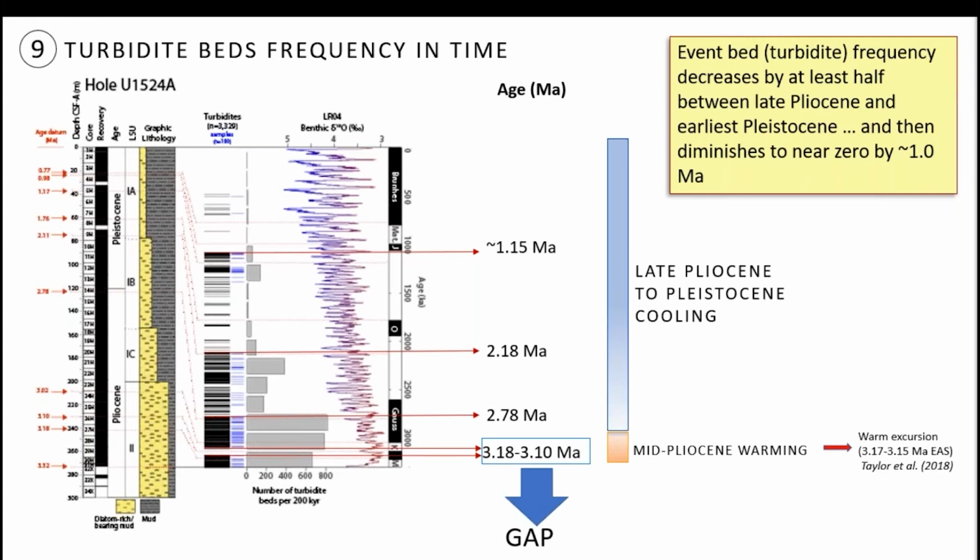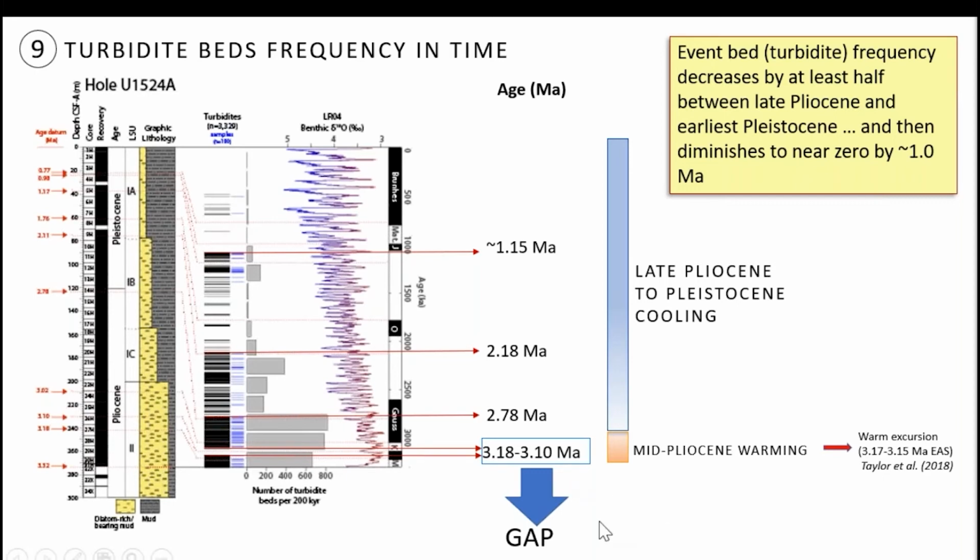As you can see, there is a higher frequency at the bottom that diminishes at the top. We can also observe that the frequency diminishes sharply at 2.78 million years and at 2.18 million years, and goes to almost zero around 1 million years, so we have almost no turbidites at all.